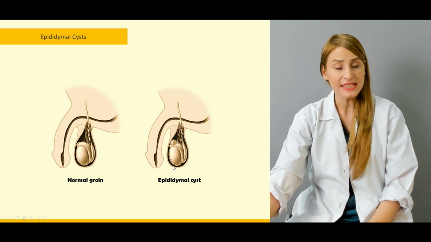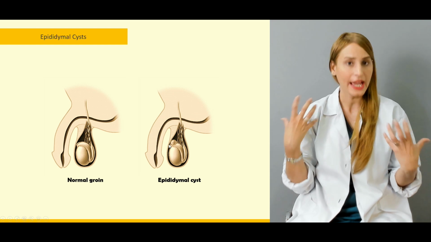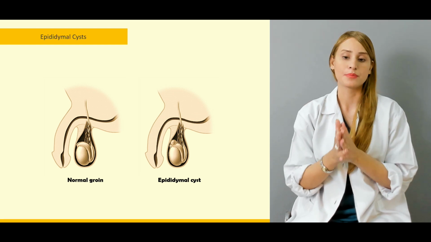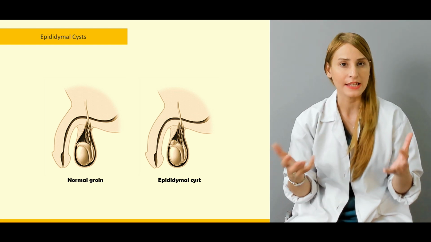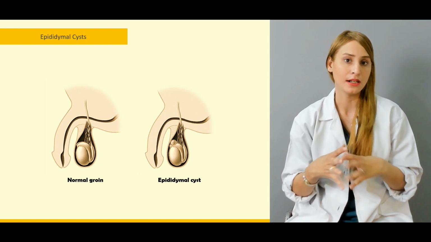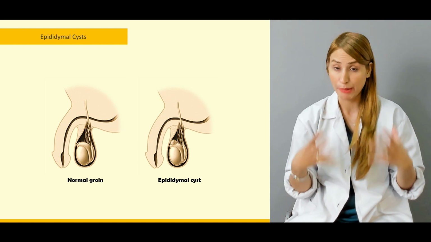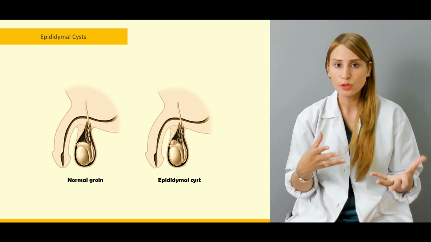These epididymal cysts are most common on the head of the epididymis, at the upper pole of the testes. They can be unilateral, but most of the time they are bilateral and multiloculated.